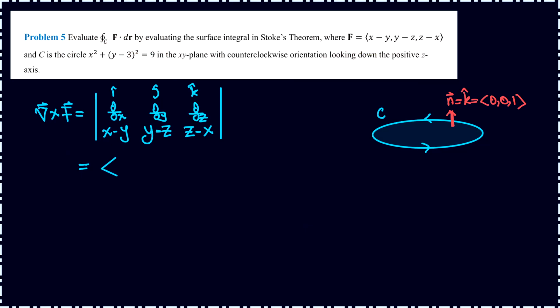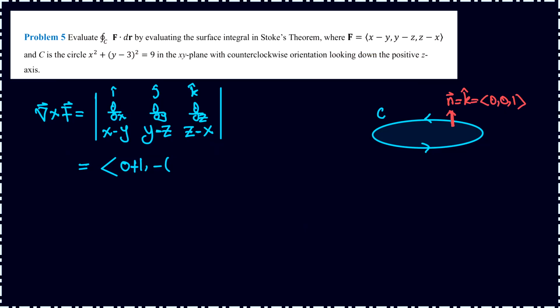Here we have the derivative with respect to y of z minus x. That's a 0 minus the derivative of y minus z with respect to z. That's a negative 1, making that a plus 1. We have the negative of the partial derivative with respect to x of z minus x.